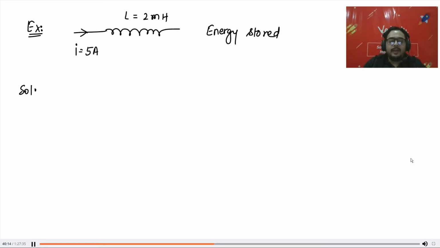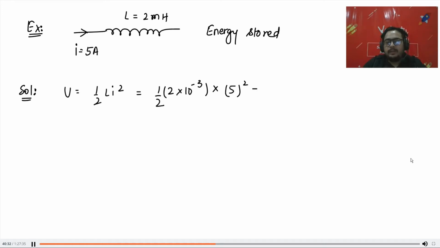So energy stored will be half Li square. Please always remember to convert milli into SI unit. So half into 2 into 10 to the power minus 3, into current 5 ampere, 5 square. So you are going to get 25 into 10 to the power minus 3 joule, or 25 millijoule. Any doubts? I don't think there should be any doubts.